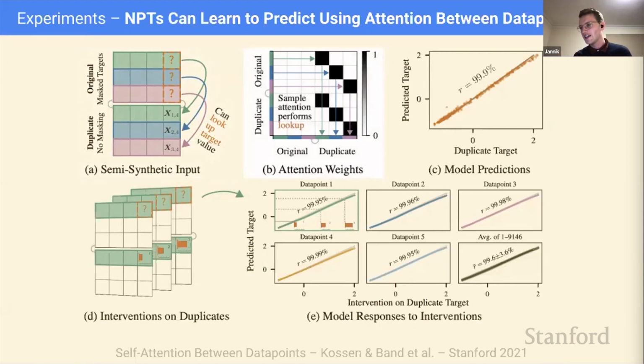What I'm visualizing here is attention maps, and they very clearly show that, when predicting for this first green row, what NPTs look at is exactly only that other green row here. And so this is really nice. We can further look at the Pearson correlation between what NPTs should predict and what they actually do predict.